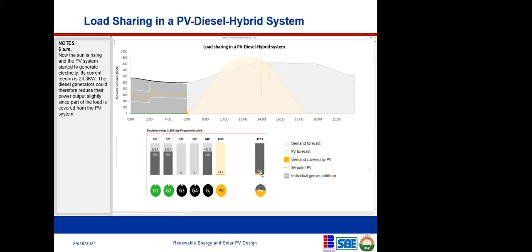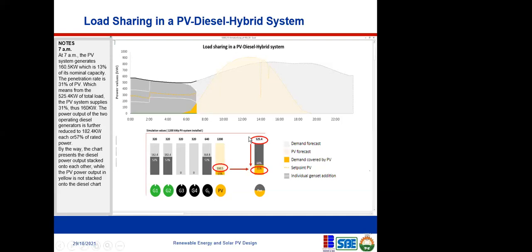So let's see what happens by 7 a.m. Now this is 7 a.m. At 7 a.m. the PV system generates 160.5 kilowatts, which is 13%. So now the penetration rate has increased. As the sun is coming out, the penetration rate is also going up. So now the penetration rate is at 13% of the nominal capacity.